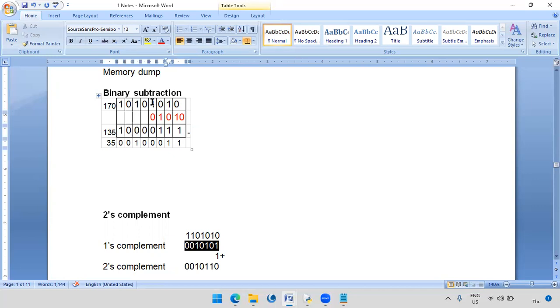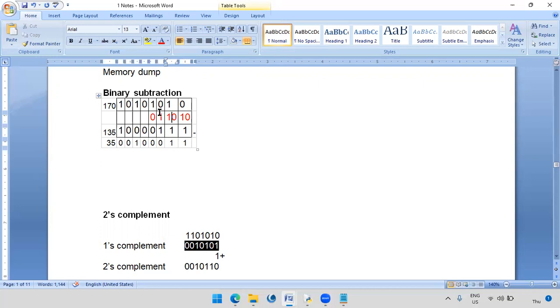So this 1, when you take it here, it becomes 1, 0. This 1, when it comes here, it becomes 1, 0. And from here, you take 1. This will be 1, and this 0 will become 1, 0 with this 1 here. Then 1, 0 minus 1 is 1.